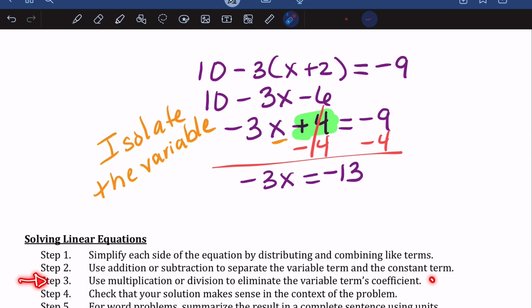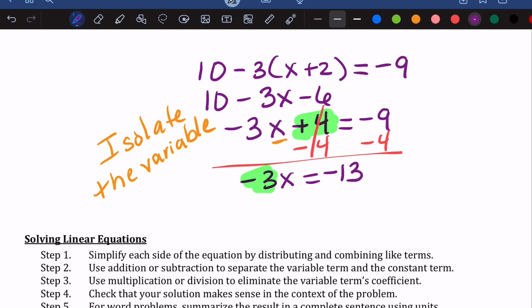Once we have that done, we can move on to step 3. Step 3 says to use multiplication or division to eliminate the variable's coefficient. The coefficient is that number in front of our variable. Sometimes the coefficient might not be there. You might not see a number there. If that's the case, your coefficient is 1 and you might be done.